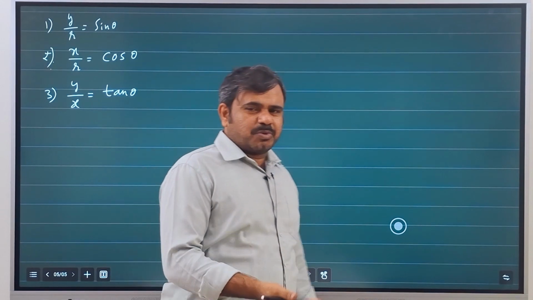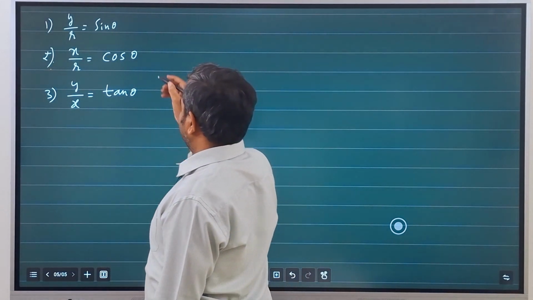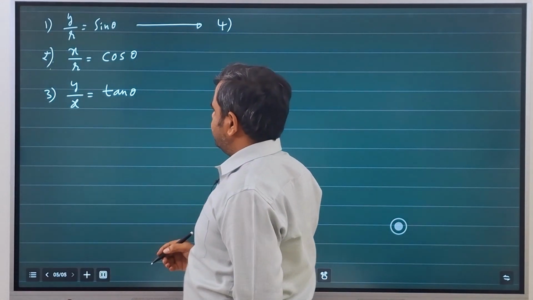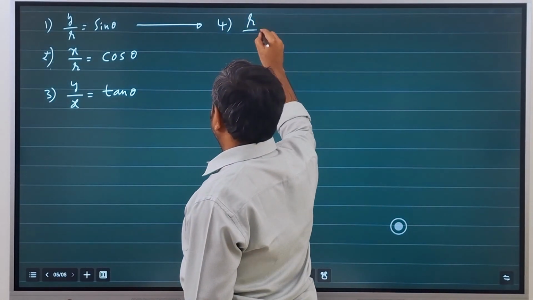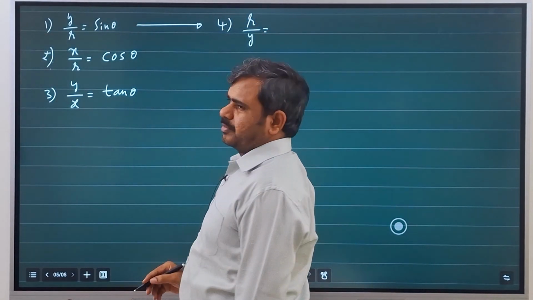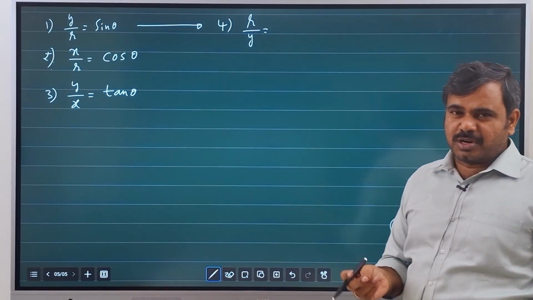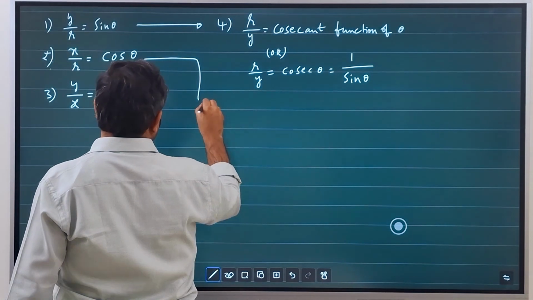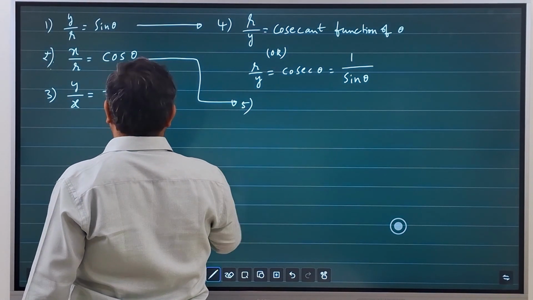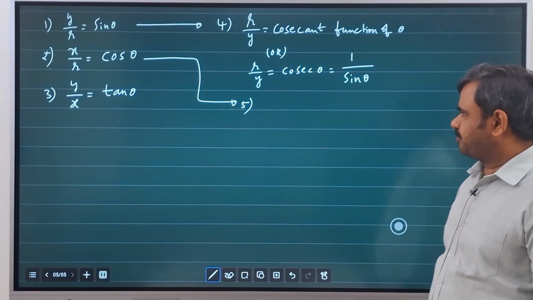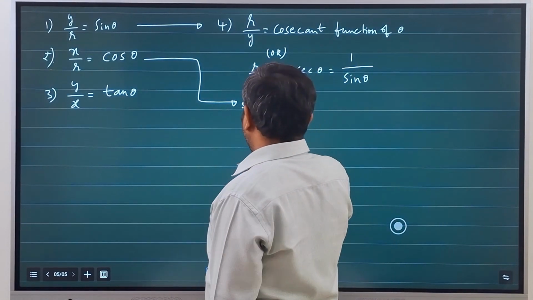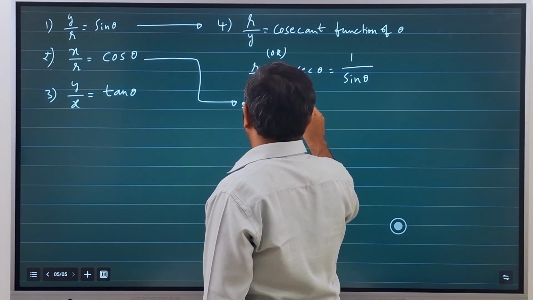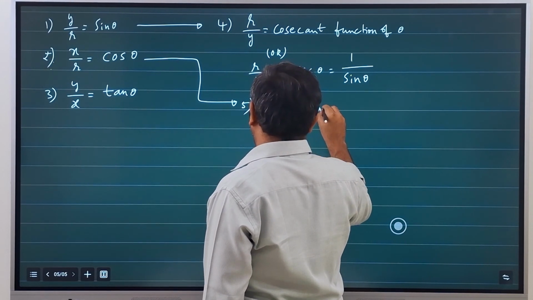Let's write down the reciprocals of these ratios. Reciprocal of this ratio that is r divided by y, the ratio of hypotenuse to opposite side. And similarly, look at the reciprocal of second ratio, cos theta. The reciprocal of cos theta, r divided by x, is called secant function of theta.